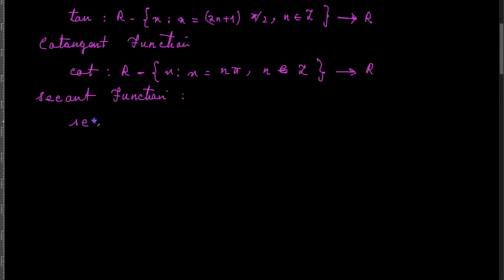So I can write the secant function is a function from the set of real numbers minus all x's, such that x is equal to (2n plus 1) times pi by 2, where n belongs to the set of integers, and the codomain of the function is basically the open interval of -1 and 1, because as we saw in the previous videos, the function does not create any values between -1 and 1, and that's how they have defined this function.